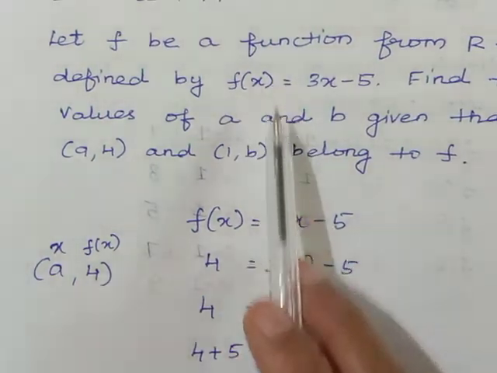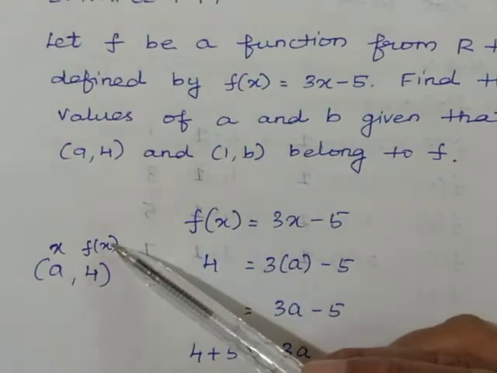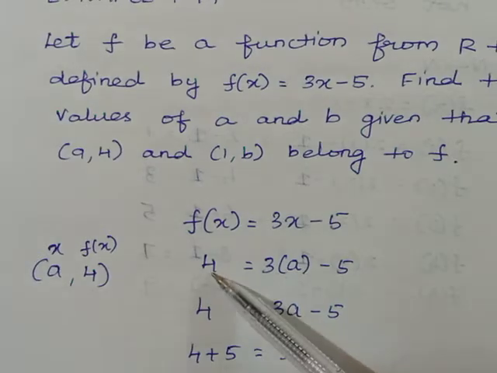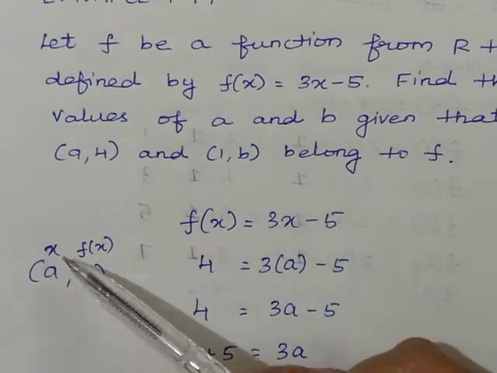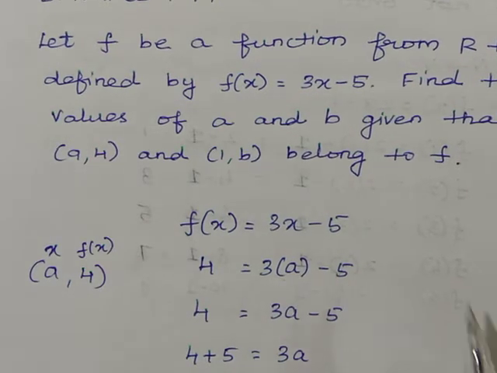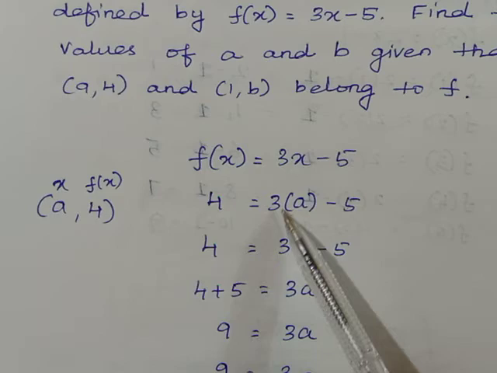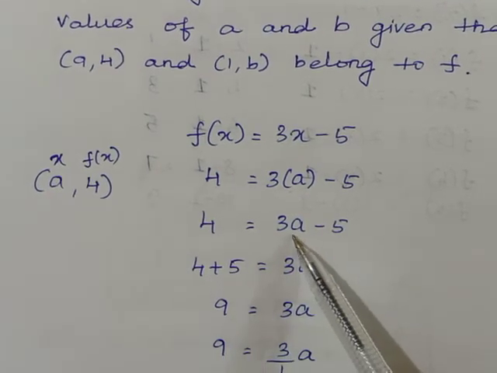So we'll write the function first. In the place of f(x) we'll write 4. 4 = 3 into a minus 5. So 4 = 3a - 5. Our aim is to find the value of a.